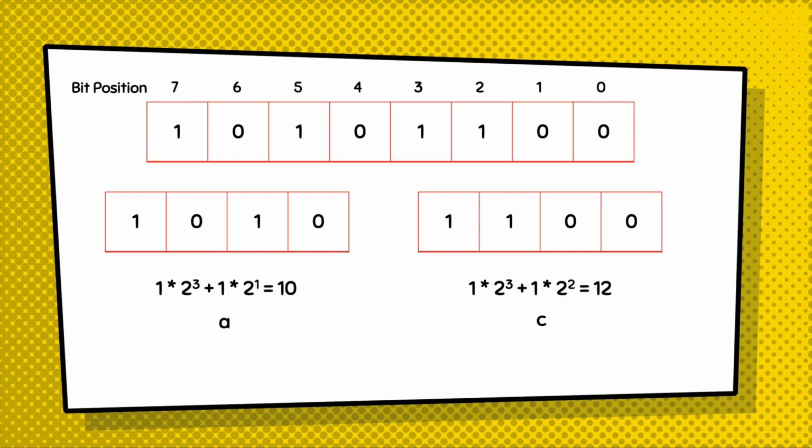For the highest 4 bits, the value is 10, which we use A to represent. For the lowest 4 bits, the value is 12. We then use letter C to represent it. We put the two hexadecimals together, and we get byte hex AC. Now we know how to represent a byte, the smallest building block in an architecture.